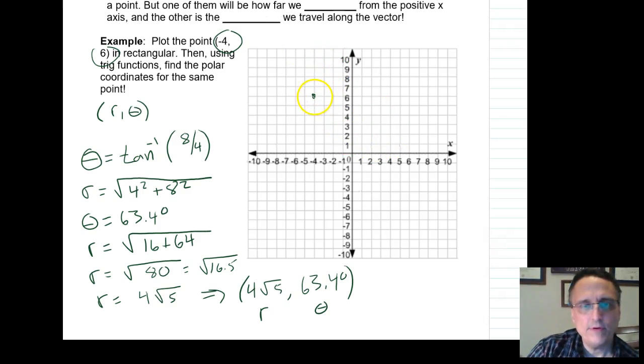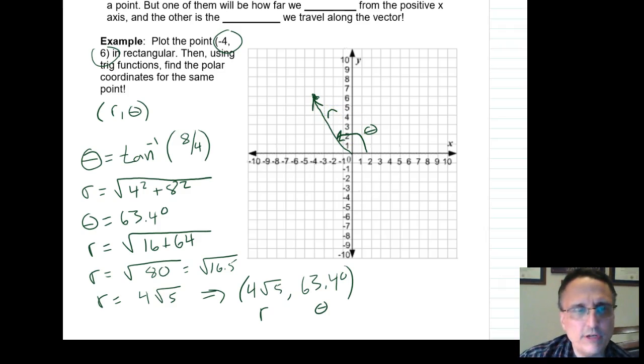And I want you to find the polar coordinate for this. I'm going to draw the vector straight out to it. You need to find that angle, theta, and you need to find the length of the vector from the origin out to the point -4, 6. I'll give you some time to work on that.